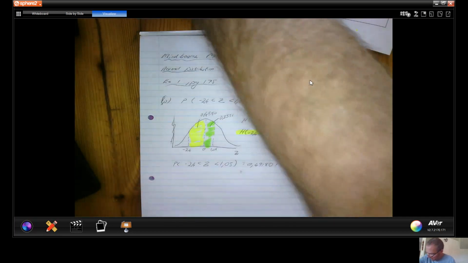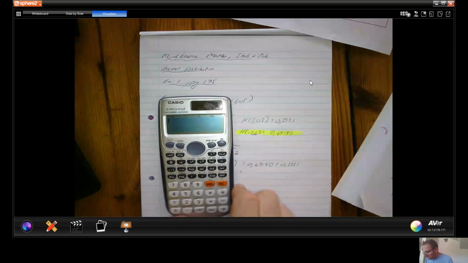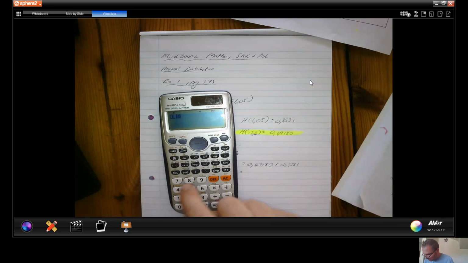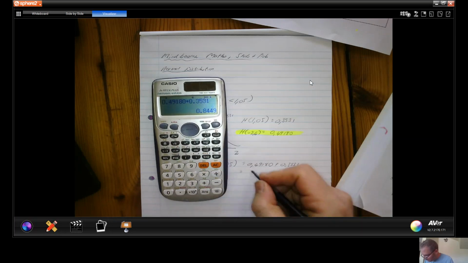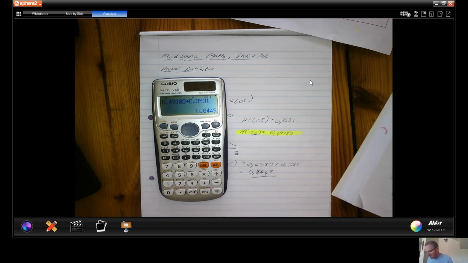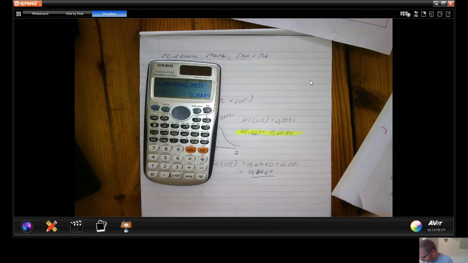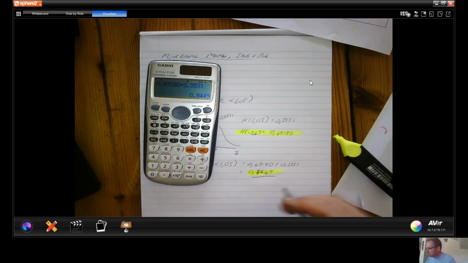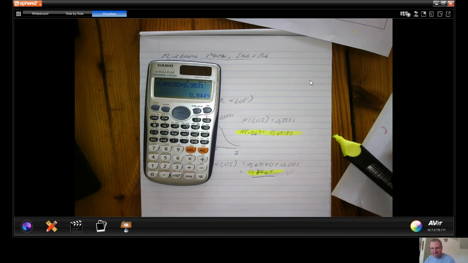And if I add those two together, 0.49180 plus 0.3531 equals 0.8449. Morgan, did you get that? Yes. Okay, 0.8449, and let's check in the textbook, and it is absolutely right. Okay, give yourselves a gold star. Okay, and try the next one.